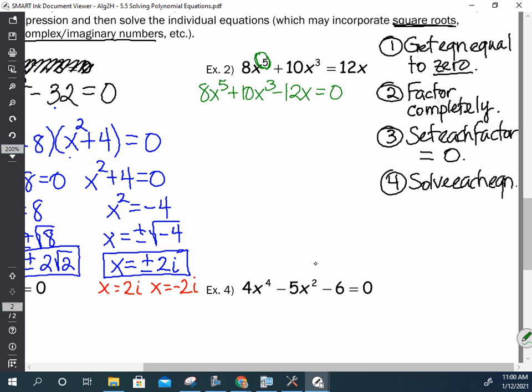So now let's start trying to factor it. So what can I do to this problem? How can we start factoring this? Find a GCF. So 8, 10, and 12, everything's divisible by 2, and I can take out an x.